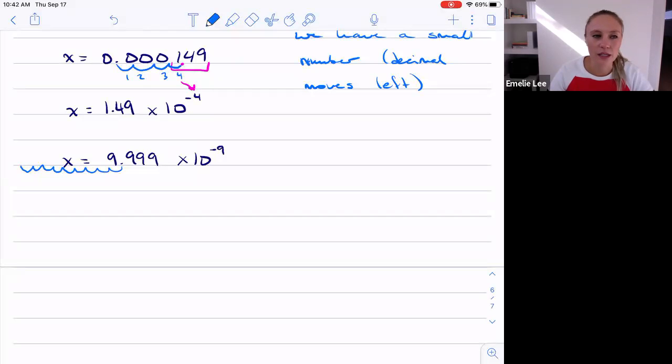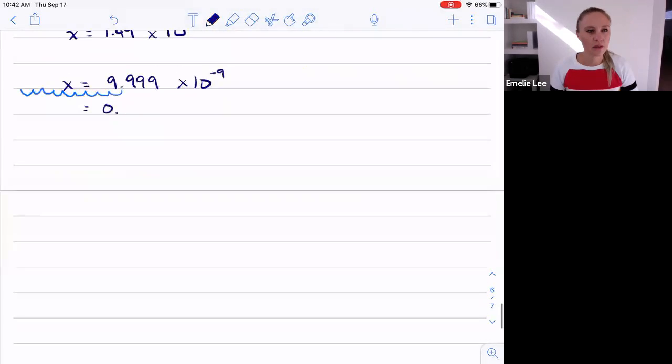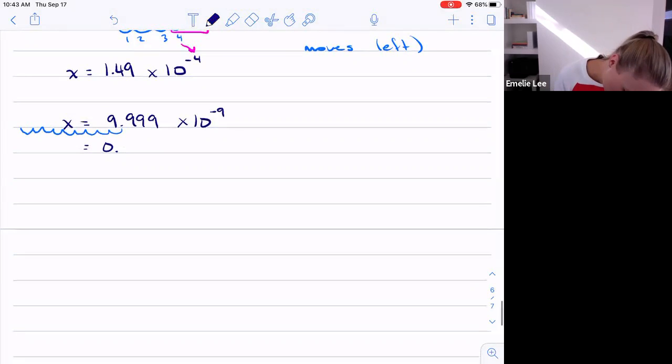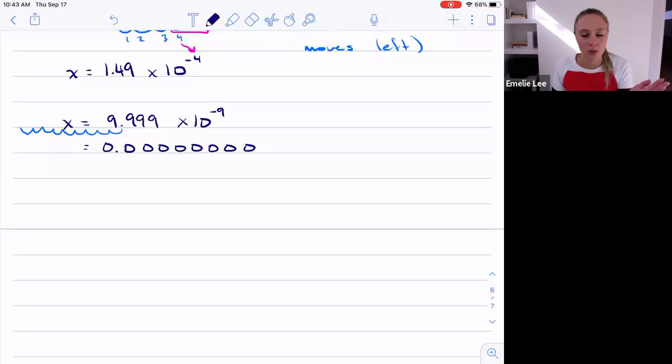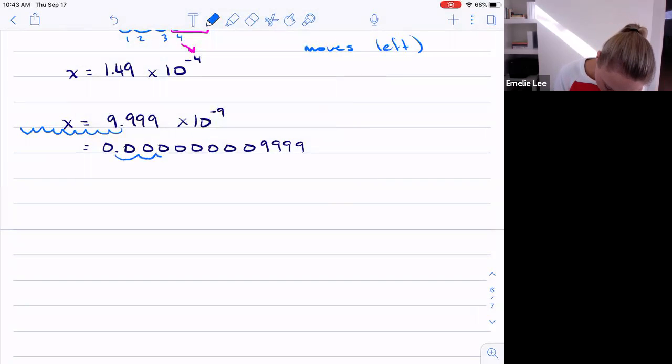So what that's going to look like is like this. It equals 0 point, and then sometimes I'll just do as many zeros as I think and then make sure. So I need 1, 2, 3, 4, 5, 6, 7, 8, and then I'm pretty sure we go to the 9999, but I'm just going to make sure. 1, 2, 3, 4, 5, 6, 7, 8, 9.